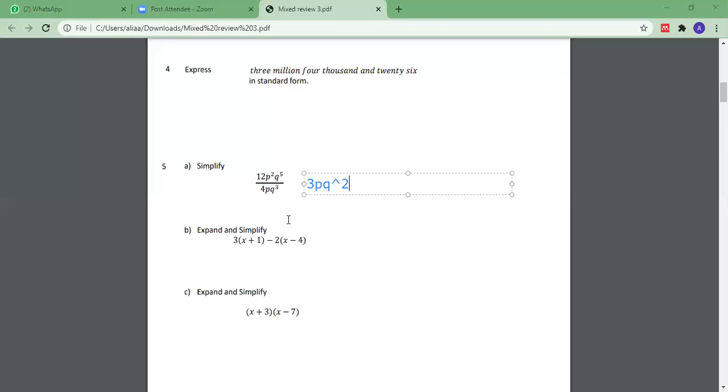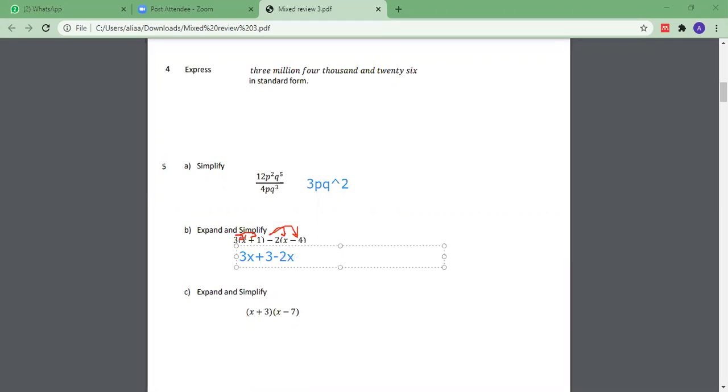Okay. Expanding brackets again. We are going to expand 3 multiply x and then 3 multiply 1 and then negative 2 multiply x and then negative 2 multiply negative 4 and start solving. So it will be 3x plus 3 minus 2x.